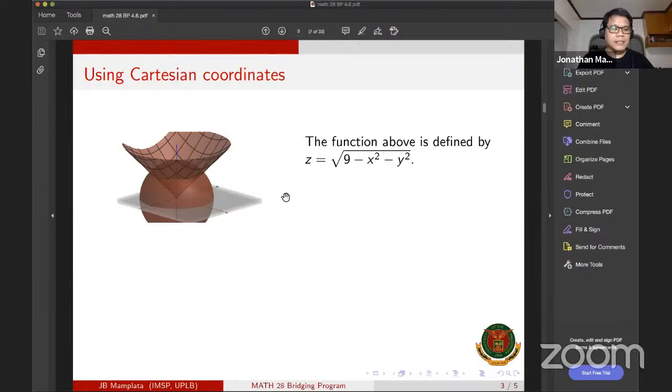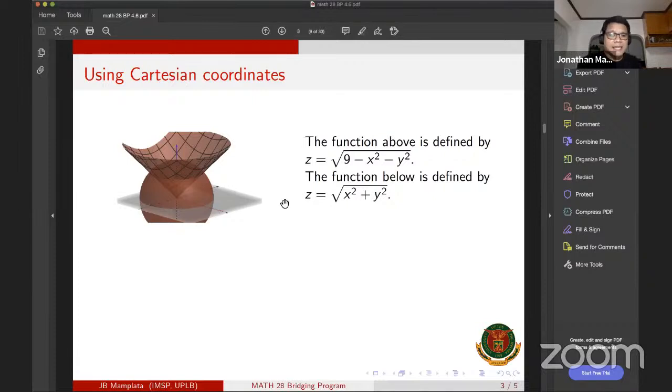Then, after determining the function above, kailangan din natin ng function below. Yung nasa baba na region is actually the function defined by the cone. Z equals the square root of x squared plus y squared.